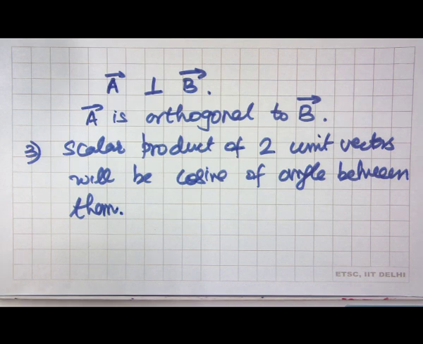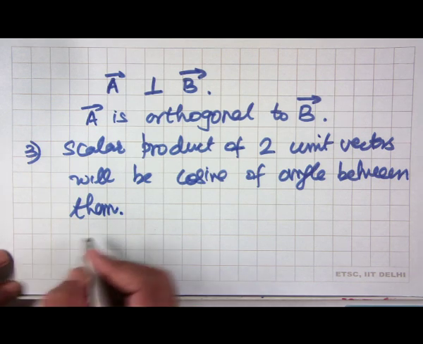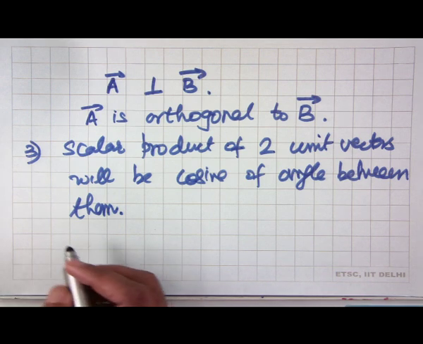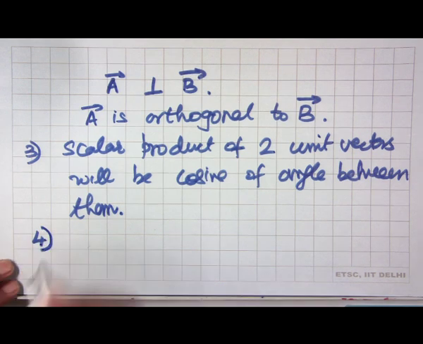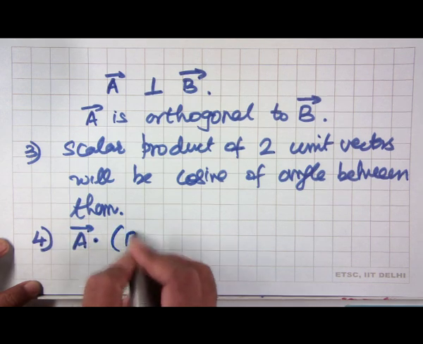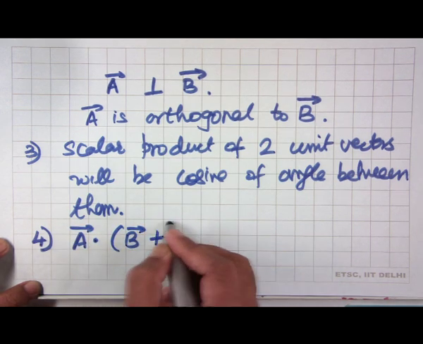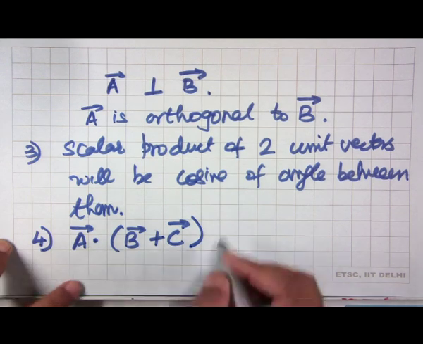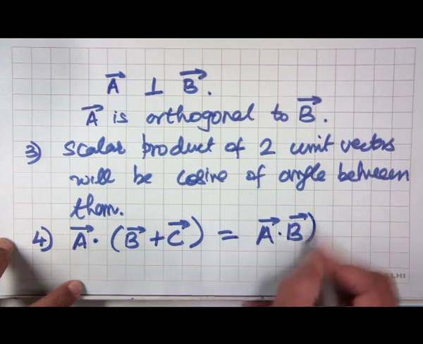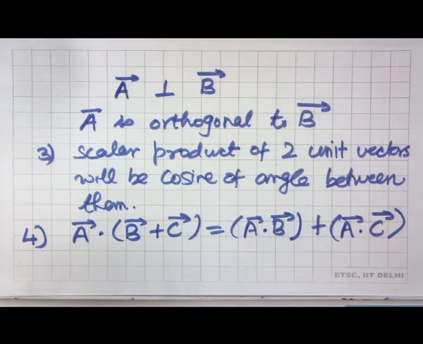Then we have already seen the commutative property, that dot products are commutative. Then we have another property, which is the distributive property, which was taken care of. If we look at A dotted with B plus C, this will be equal to vector A dotted with B plus vector A dotted with C.